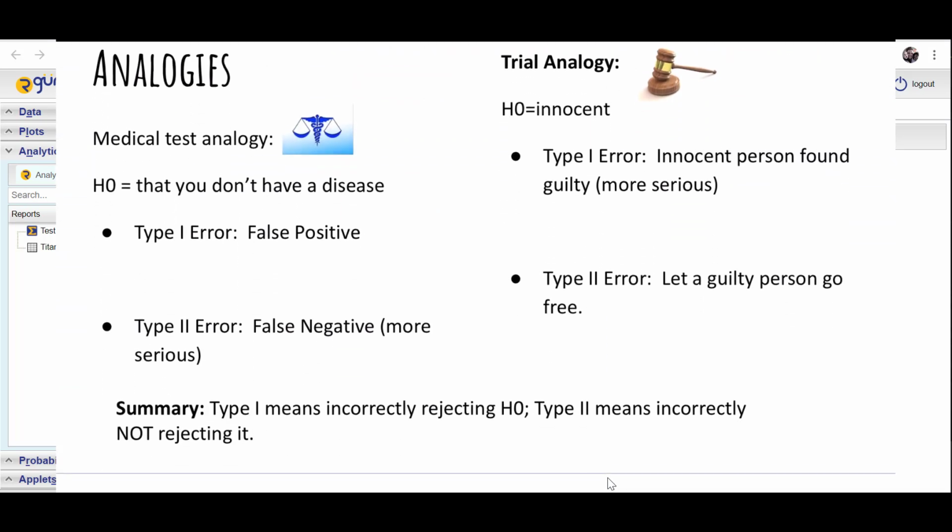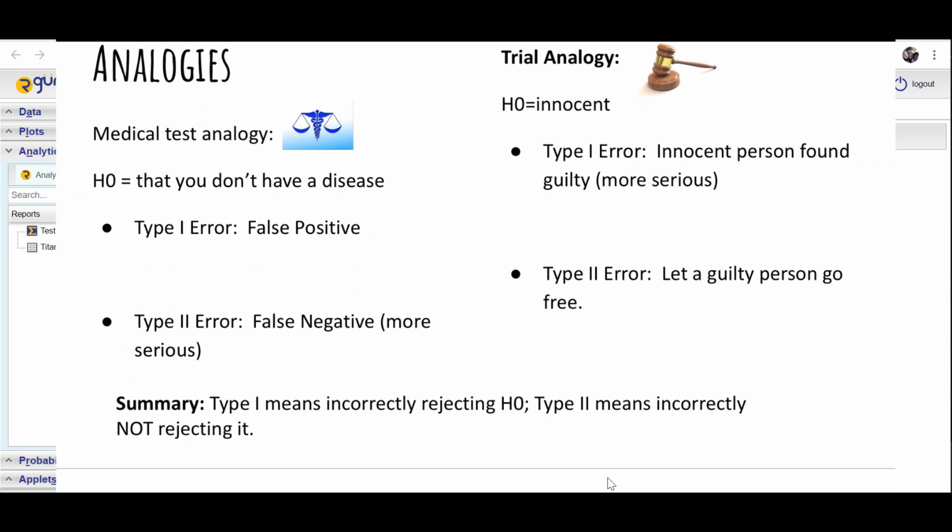So let's look at some analogies. We've got the medical test analogy. If the null is you don't have the disease, and I'm going to write the alternate statement here, the contradictory statement would be that you do have the disease, right?